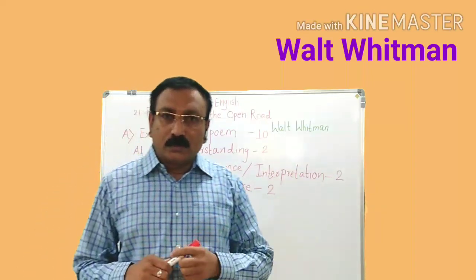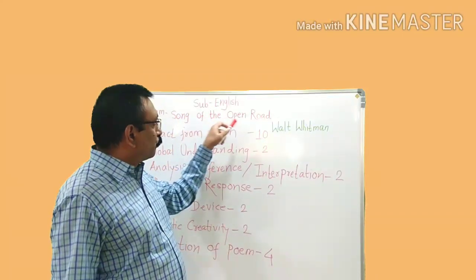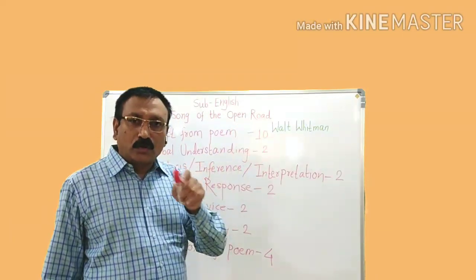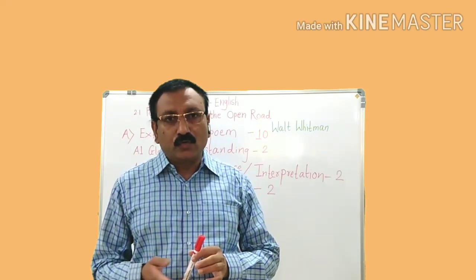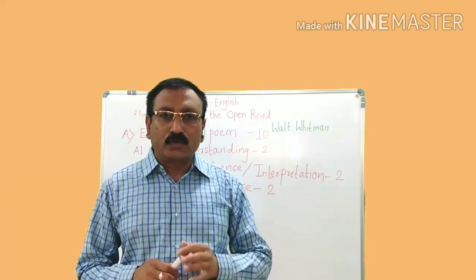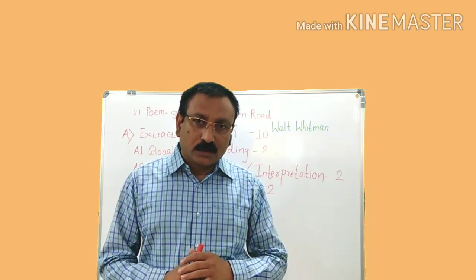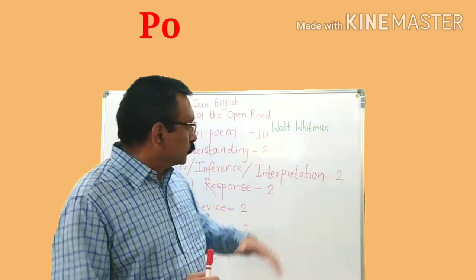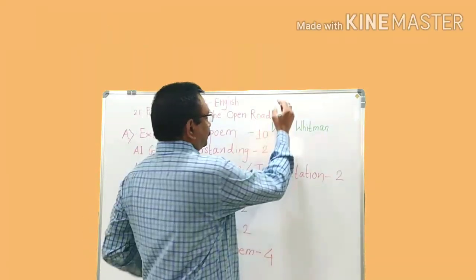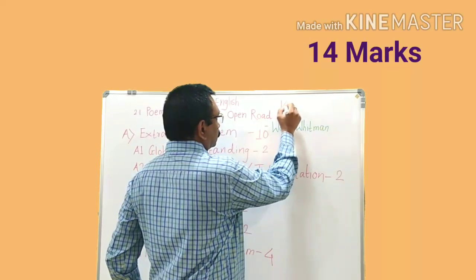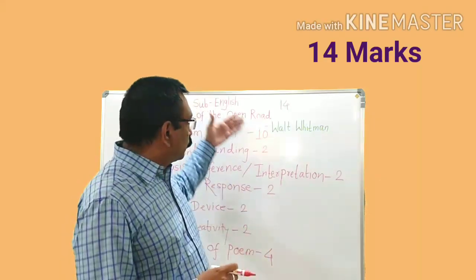Before we start the poem Song of the Open Road, written by Walt Whitman, it is necessary to tell you how many marks are allotted to the poetry section. Students, in the board question paper, out of 80 marks, 14 marks are allotted to the poetry section.